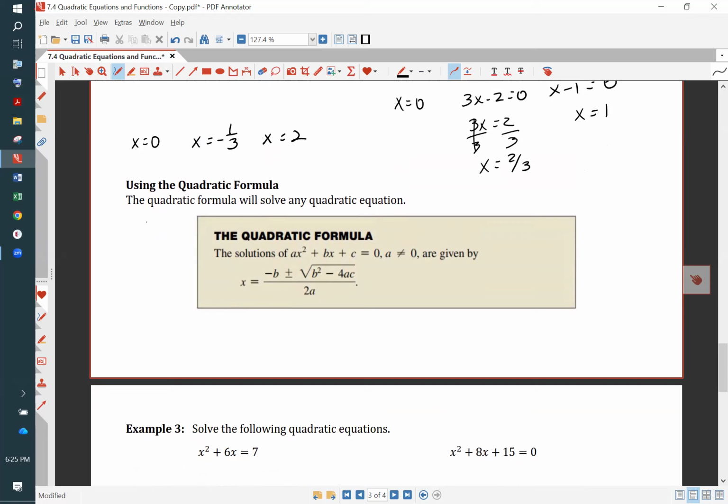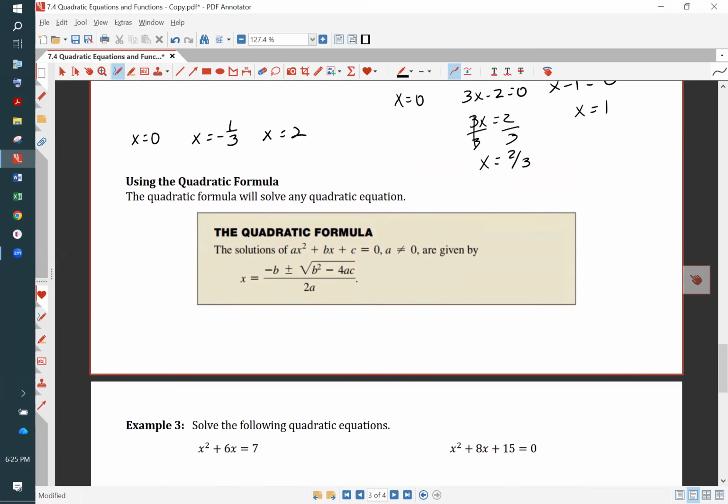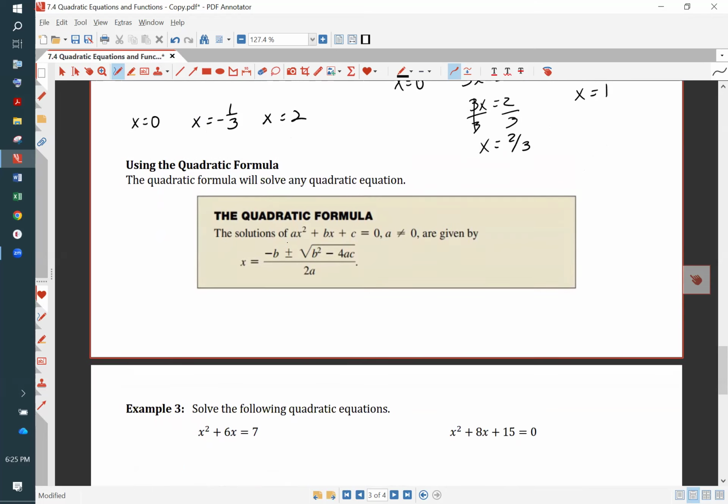Have you all seen this before? The solutions of ax squared plus bx plus c equals 0 are given by x equals minus b, that's the b in the equation, plus or minus the square root of b squared minus 4 times a times c, divided by 2 times a.